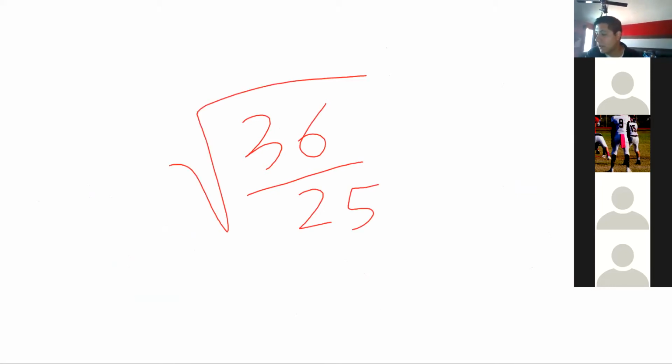Let's say we have a fraction, 36 divided by 25, and we take the square root of that. What do you think would happen there? It would be 1.2.